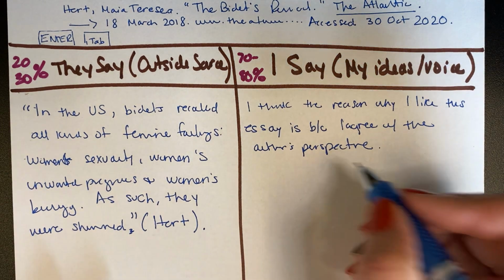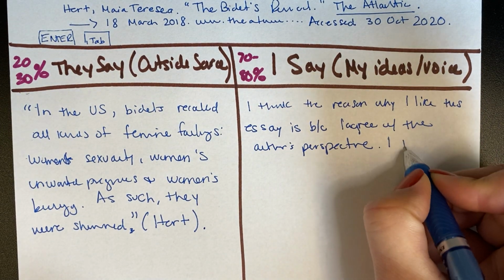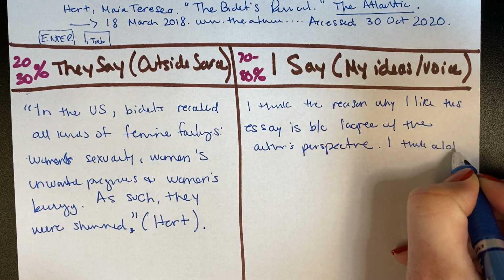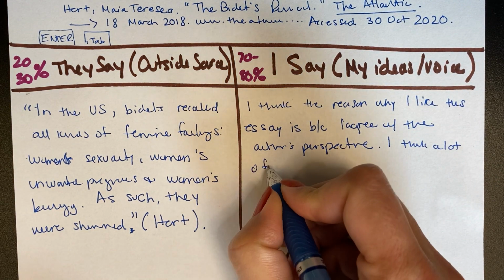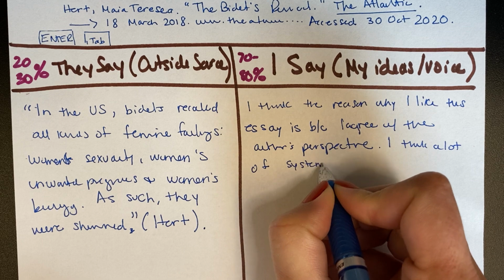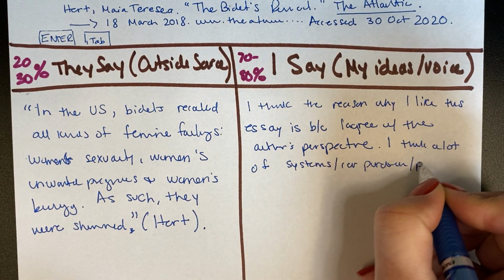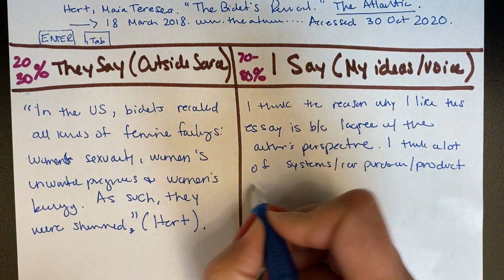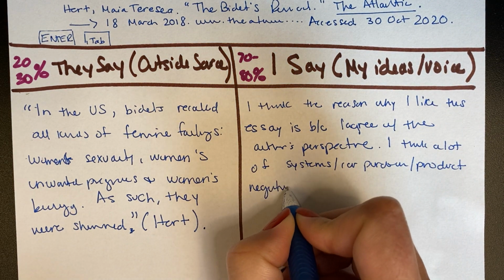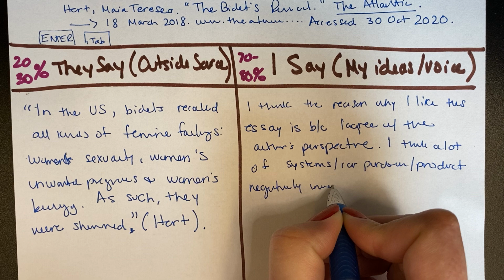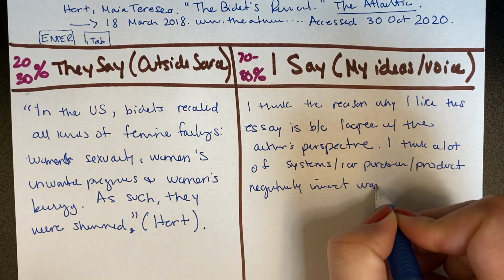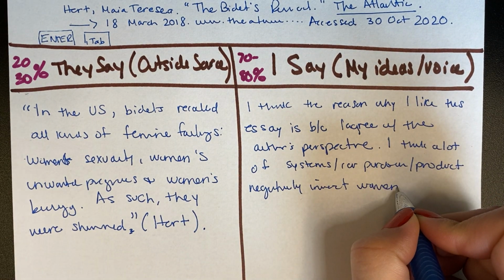Okay, and then why? Well, it's because I think a lot of systems, whether it's corporations, even products, because a bidet is a product, negatively impact women. Bidets would be great, especially for women.